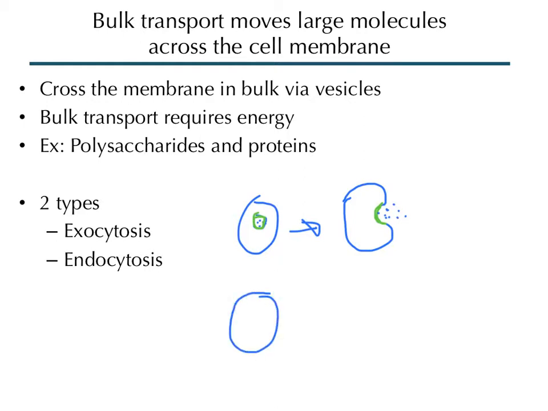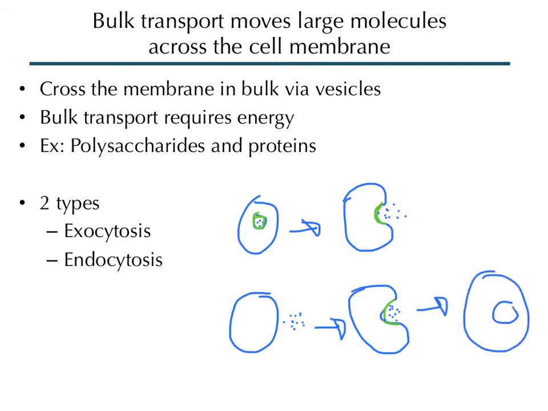So here's your cell. Here are some products that are going to get taken in. The cell makes a little pocket. We'll mark the membrane there that surrounds those particles, and then those are going to get pinched in into a little vesicle and taken into the cell.